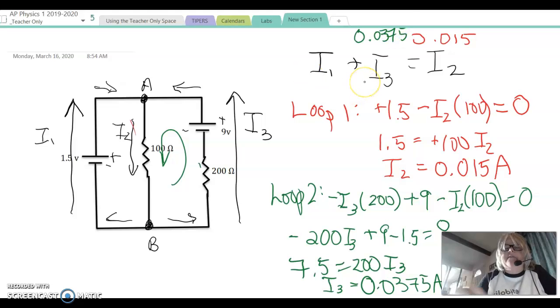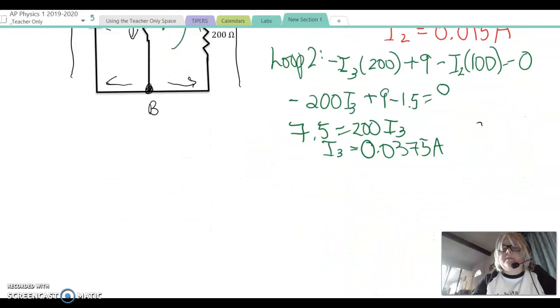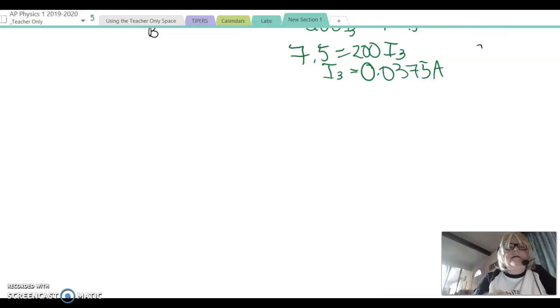So now I can find I1, which is this current in my first branch, by just doing some simple algebra. And I am going to bring my page up a little bit. We said that I1 plus I3 was equal to I2.